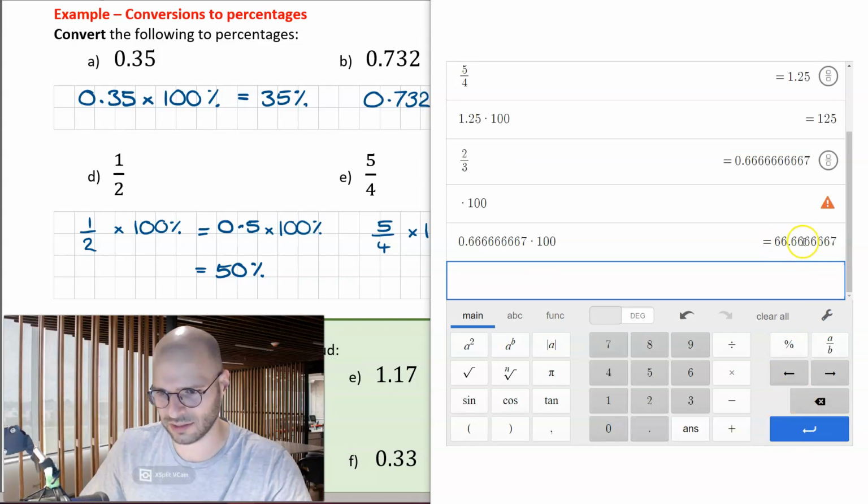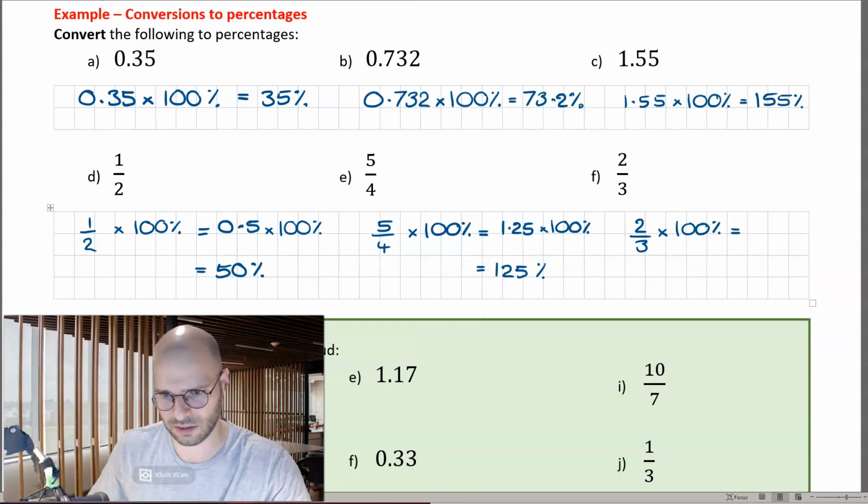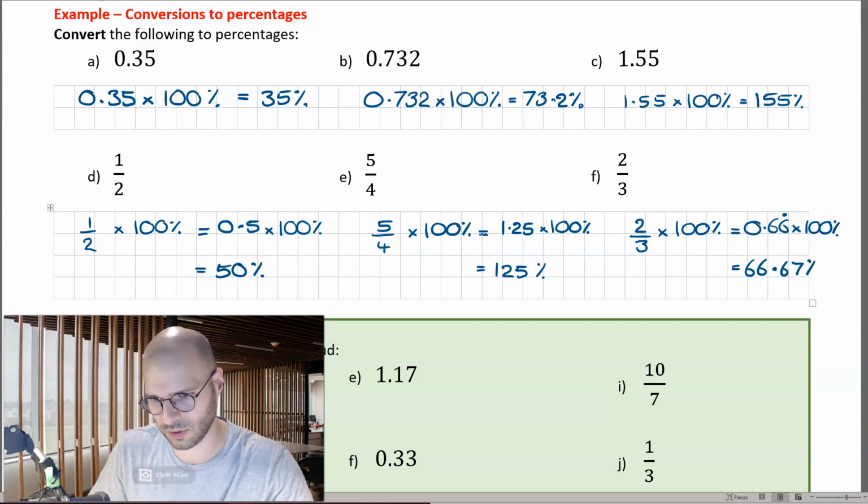So I've got 666. This one's a 6, so it's going to round up, so 66.67. So that all equals 66.67%.